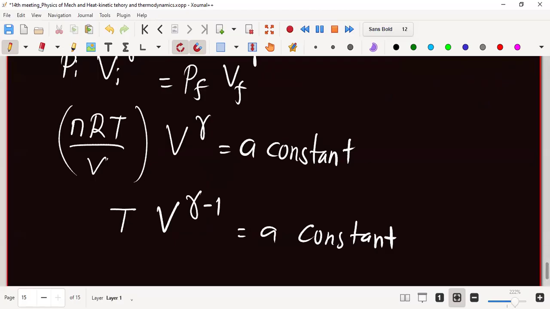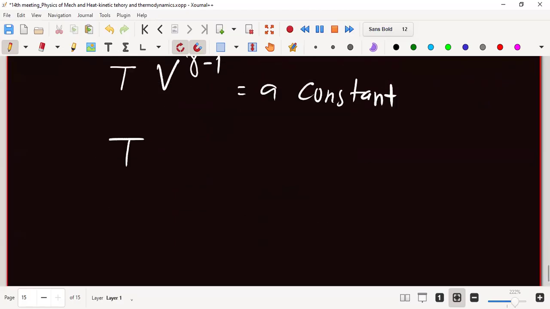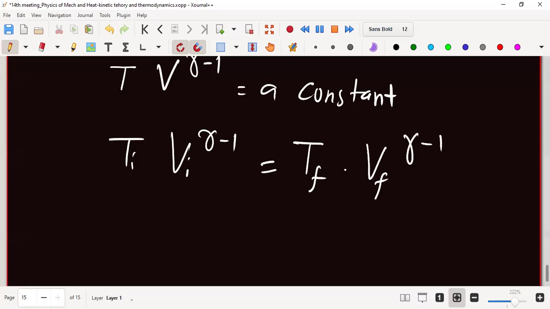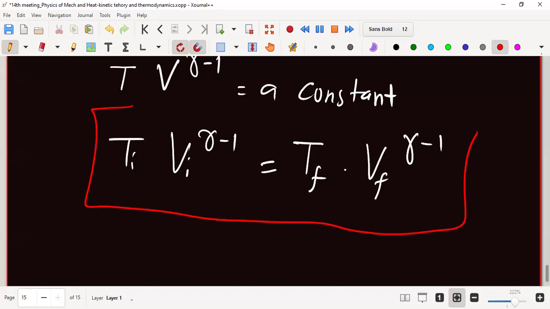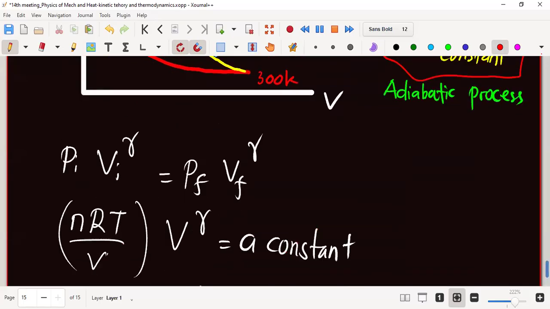Or we can write that initial temperature times initial volume to the gamma minus 1 is equal to final temperature times final volume to the gamma minus 1. We can write this relation for the adiabatic process.